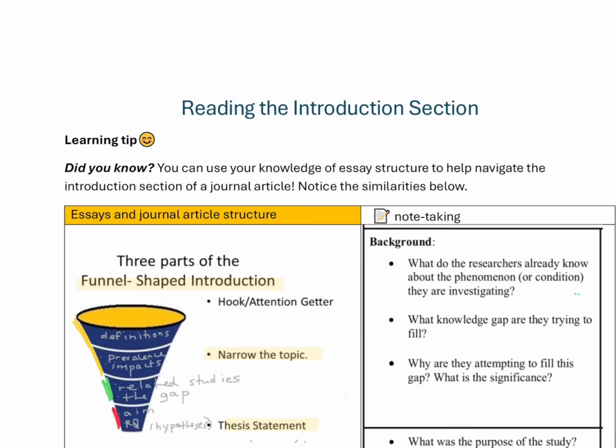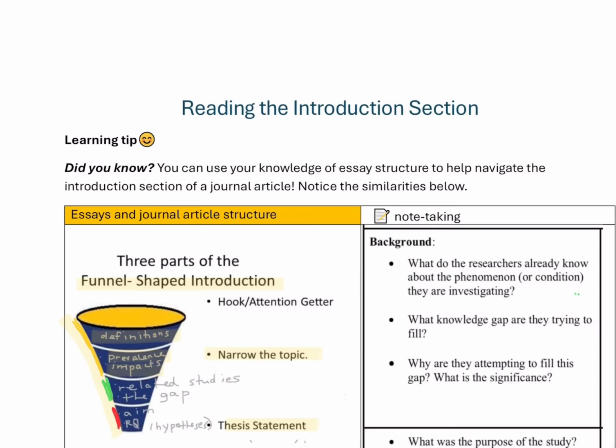Well, did you know that the same funnel shape is true for the introduction section of a journal article? The authors will begin with some definitions about the condition that they're investigating. Then they'll move to some background information about the prevalence of the condition and the impacts that the condition has on the people who have it, or maybe the healthcare community.